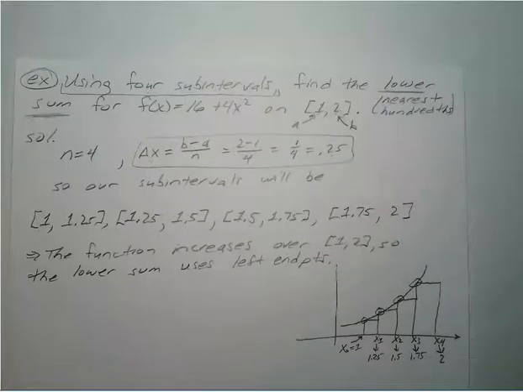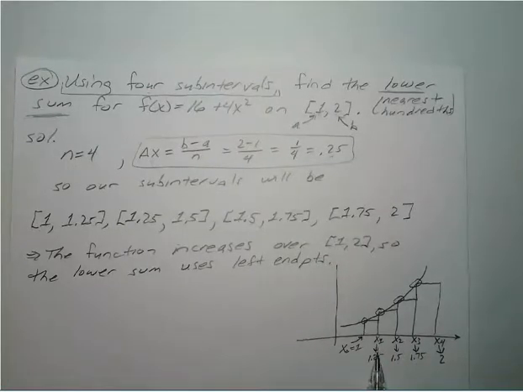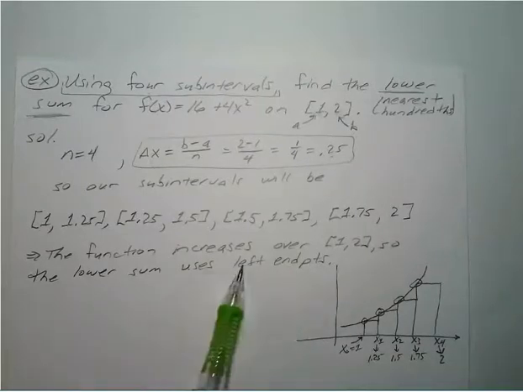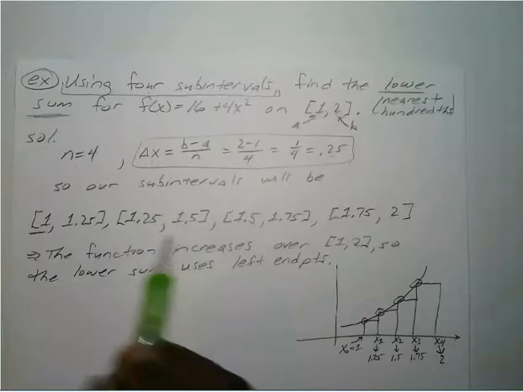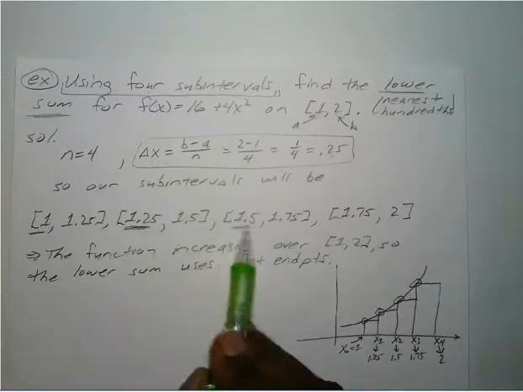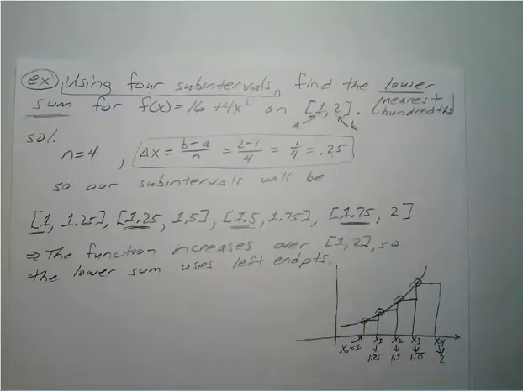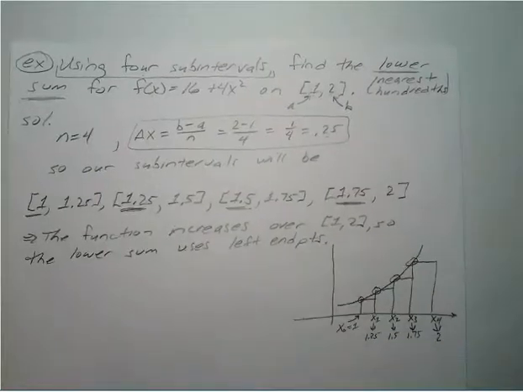Okay, now since we're using the left endpoints, again, you didn't have to draw the graph out. This is just kind of a visual. We know that we're going to use the left endpoints. We're going to use all of the left values. All right, so what's the actual formula we're going to use?